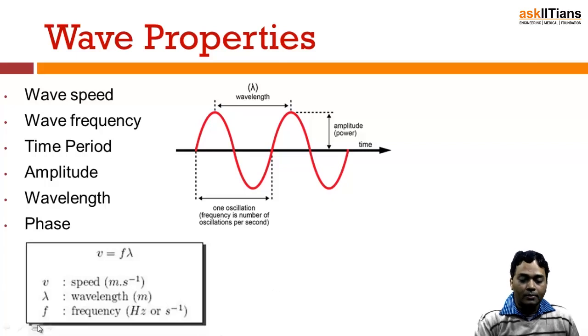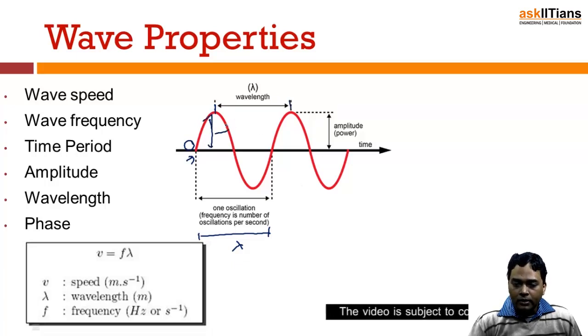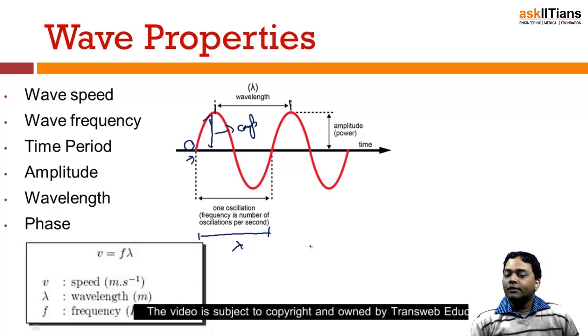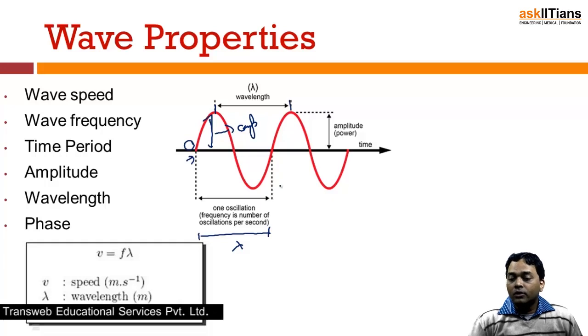Let's try to understand what a phase is. Supposing, as I mentioned, this particular point is O. The wave is just starting from here, and the distance between these gives you one lambda. Similarly, the distance between these two gives you lambda, and this particular thing is nothing but the amplitude A. So it is moving along the horizontal direction.